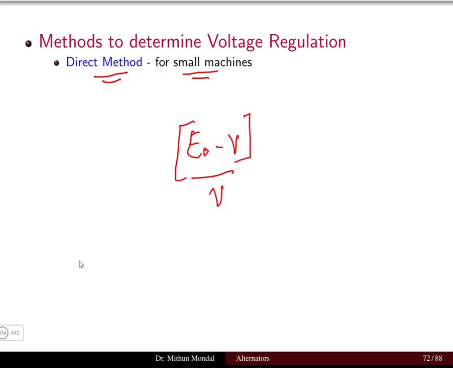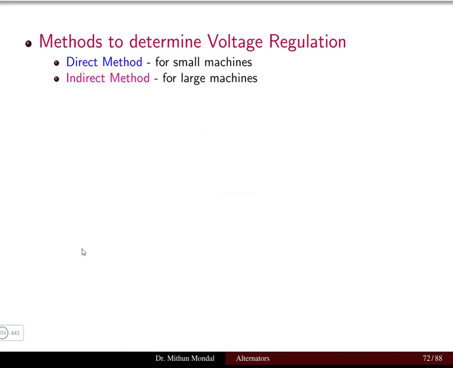However, for a large machine, direct loading is not justified, and hence we have to go by the indirect method of testing the machine.